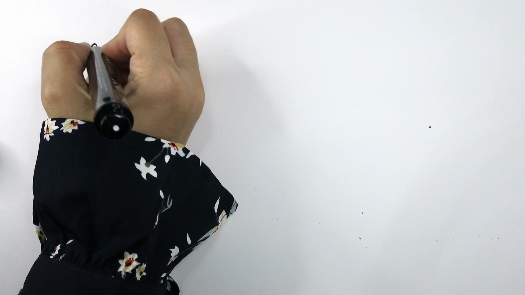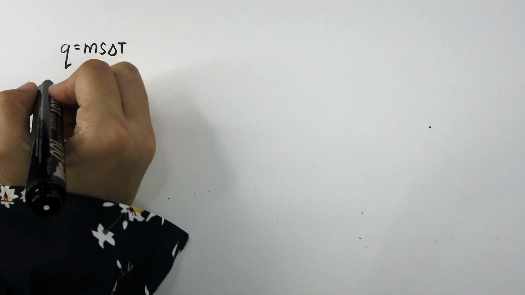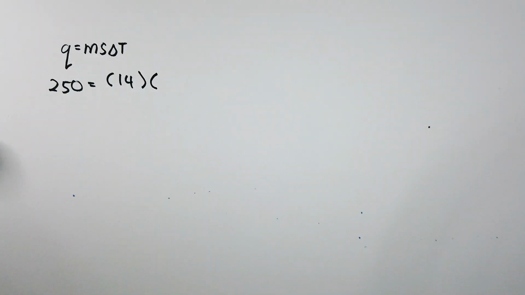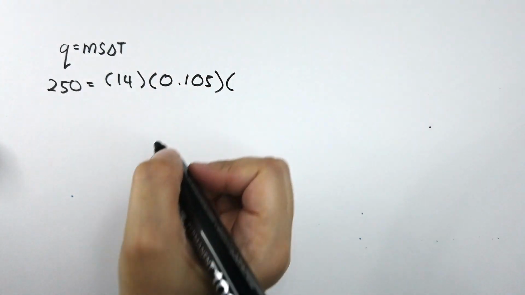Okay, this is a very straightforward question. You just need to use the formula Q equals m s delta T. The value of Q is given to you in the question, 250 joules, and then the mass is given to you in the question as well, 14 gram, and the specific heat given to you is 0.105.